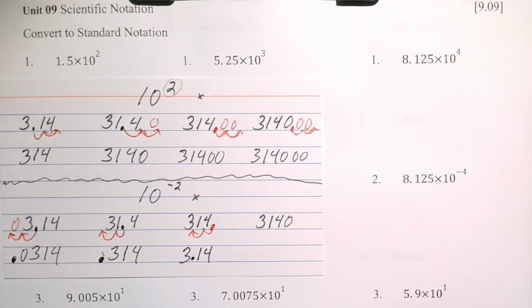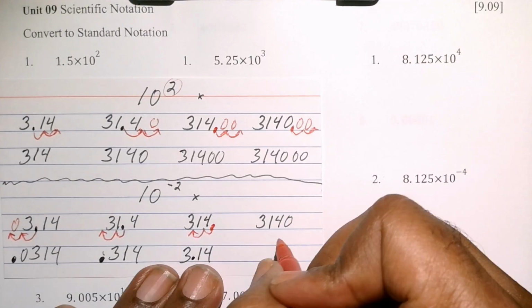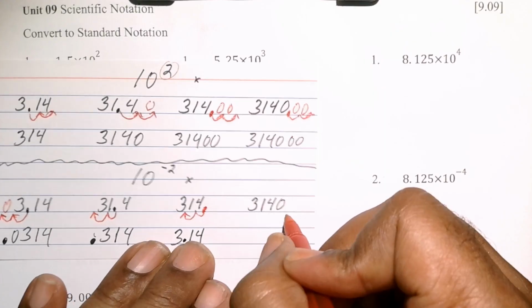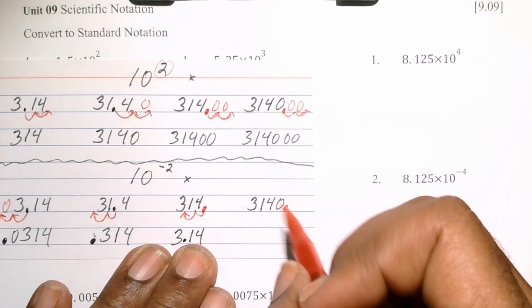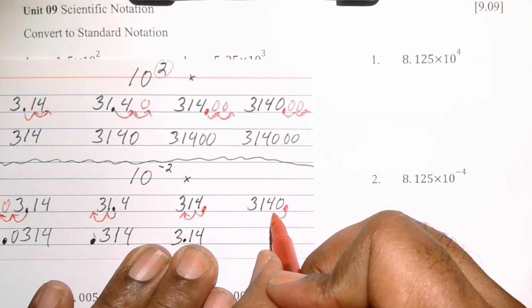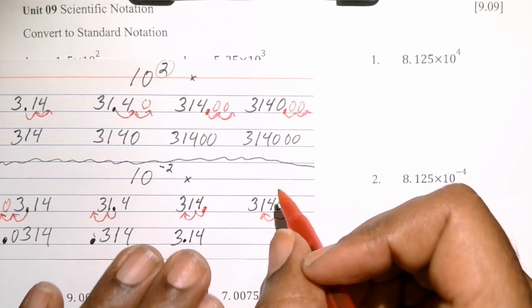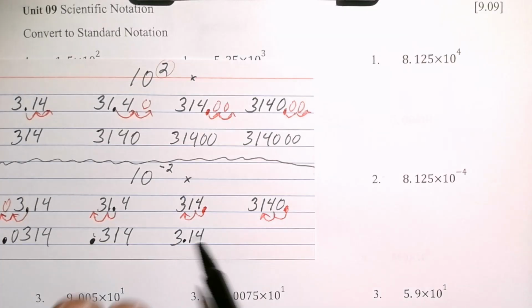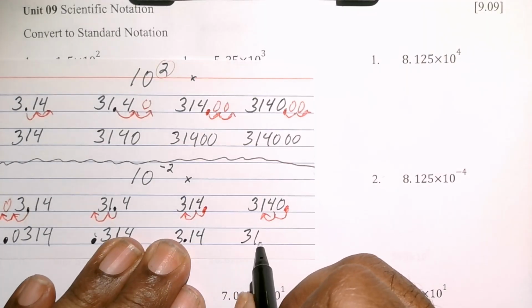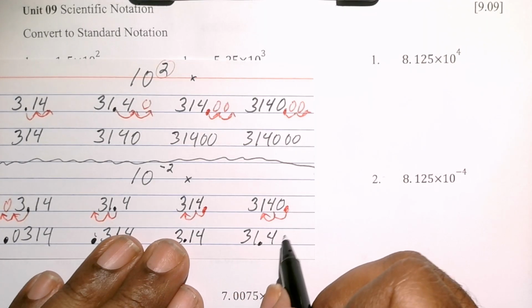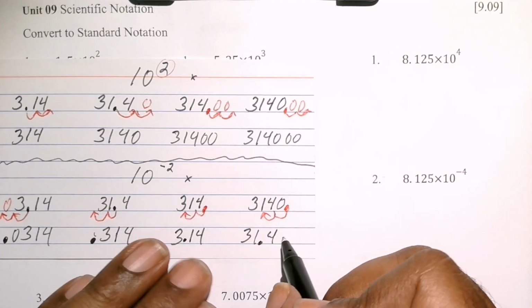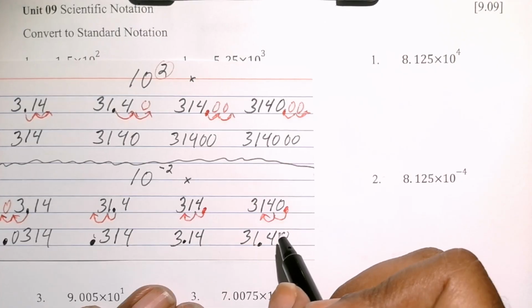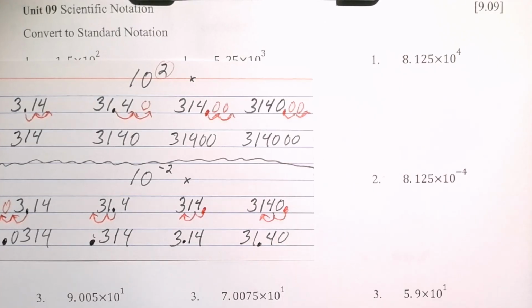And lastly, again, we have no decimal, so we'll assume that it is right here. And we're going to move it twice to make it smaller. 1, 2. And this will end up being 31.4. Now the 0 after 4 doesn't hurt if you put it or not. So if you put it, it's still okay. If you don't put it, it's okay.